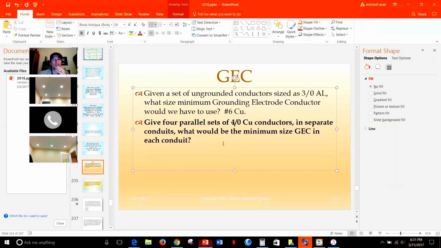So I've got 4 separate pipes. Each one has got 3 4/0 phase conductors in it.